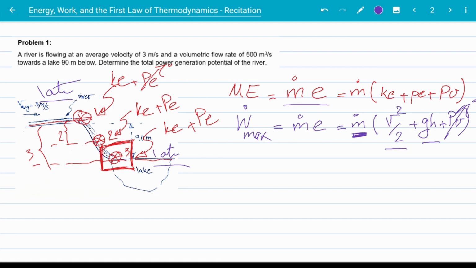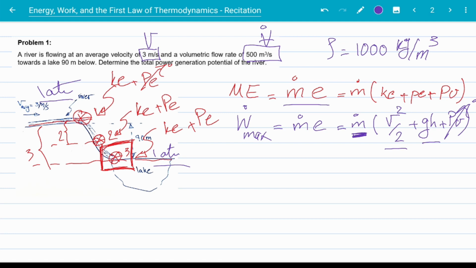We need to clarify m dot as well before moving on. So we have a number here, volumetric flow rate, which we know is V dot. And then we have the average velocity of the fluid here. The density of the water is not given, but we all know that the density of water is 1,000 kilograms per meters cubed.